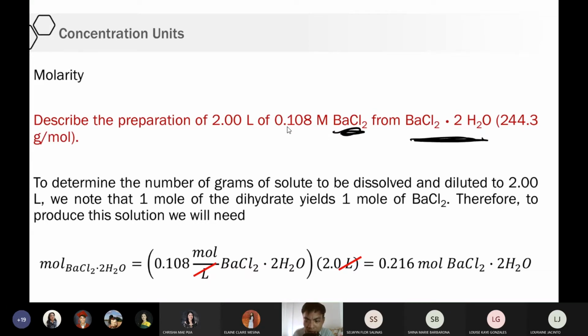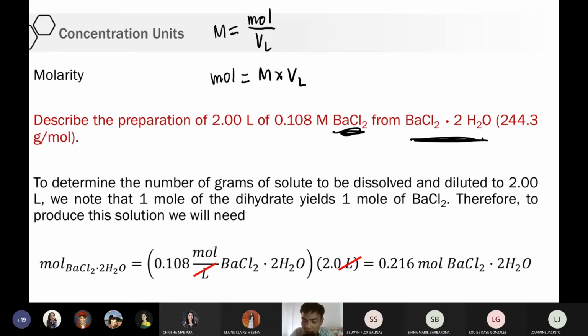Paano natin masosolve yan? Using the molarity equation. Recall, molarity is equal to mole over volume in liters. Cross-multiply lang. So, mole is equals to molarity times the volume in liters.